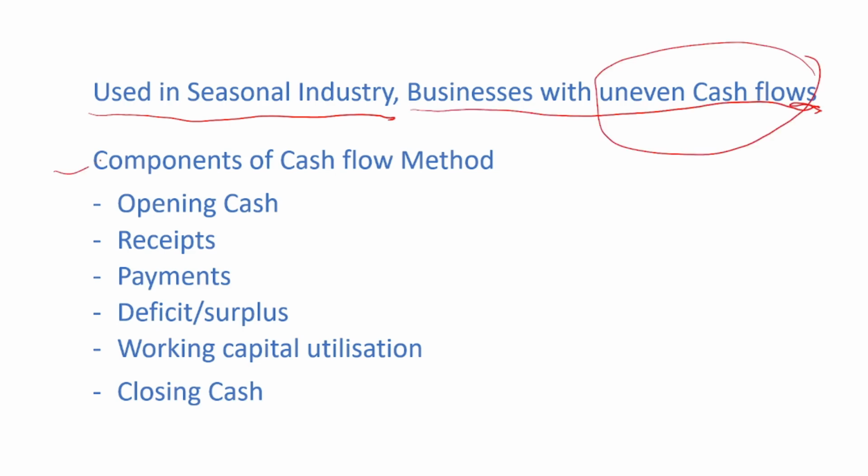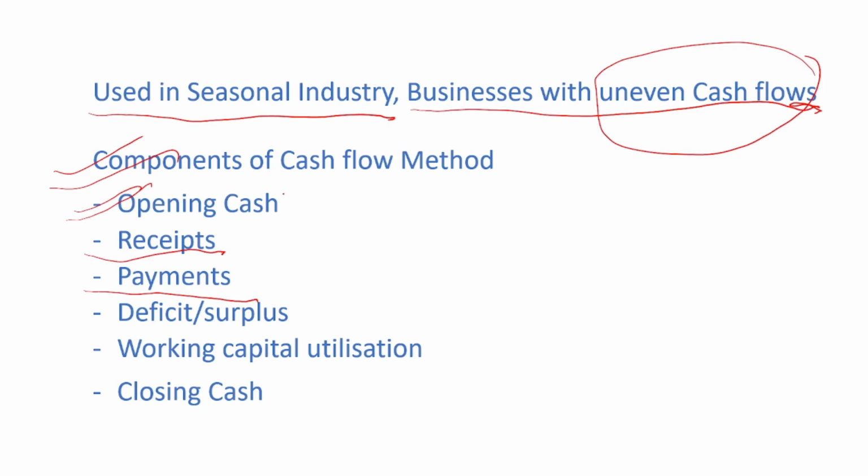What are the components of the cash flow method? The first component is opening cash, where we will start from the opening cash. Then we will see receipts, how much receipts we will get in that particular month. Then payments, how much expenditure we need to incur in cash in that particular month.